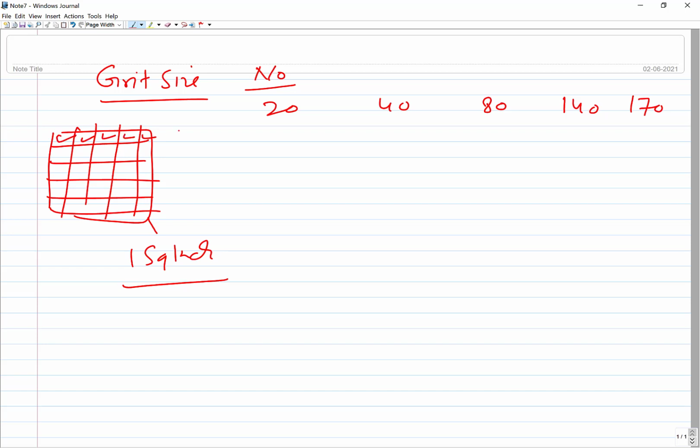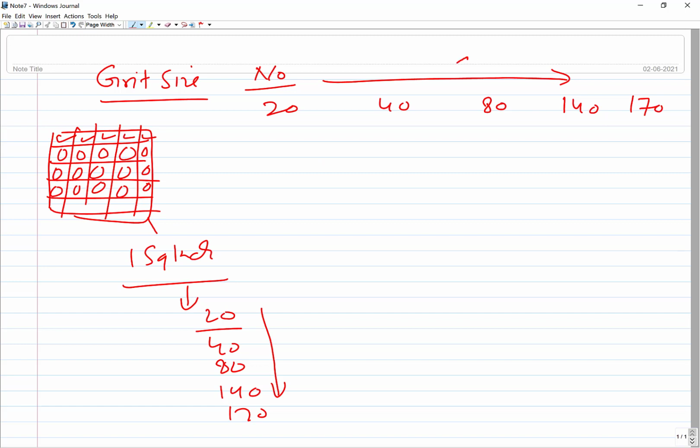If there are 20, or 40, or 80 in 1 square inch, increasing the number means decreasing the size of the mesh, so decreasing the size of the abrasives that will be screened through these meshes. So the grit size indicates the number of meshes per square inch. Increasing the grit number means decreasing the abrasive size.